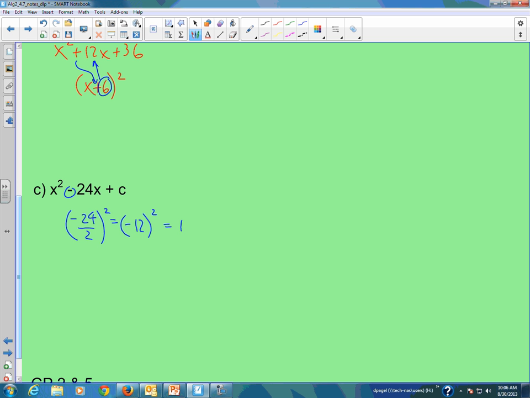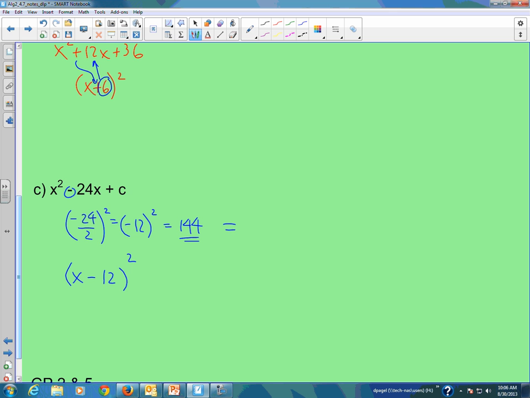So you're always going to get c that's positive every single time. But then if I go and write the factored form of this, and I do half of my b, I get x minus 12 squared. If I were to FOIL that out, I would get x squared minus 24x plus 144.